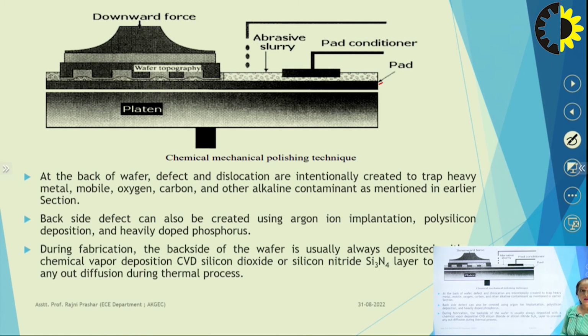At the back of the wafer, defects and dislocations are intentionally created to trap heavy metal, mobile oxygen, carbon or other alkaline contamination. As mentioned in the earlier section, these contaminations may lead to device breakdown.